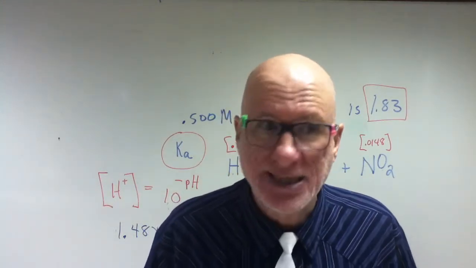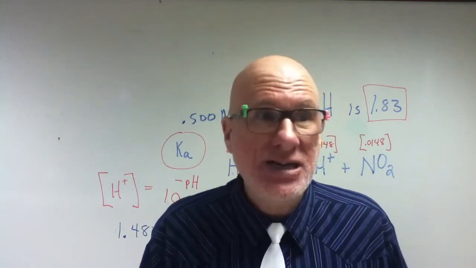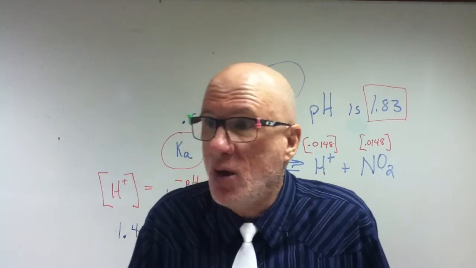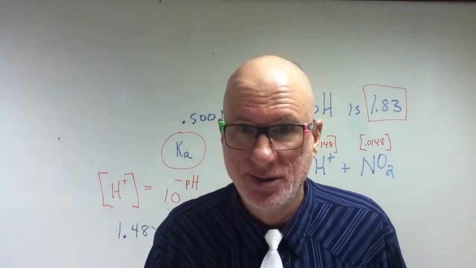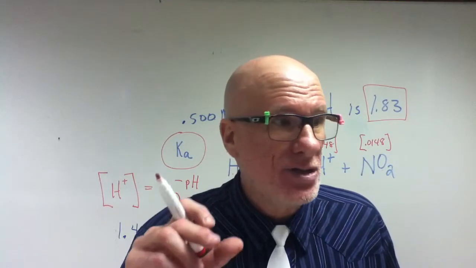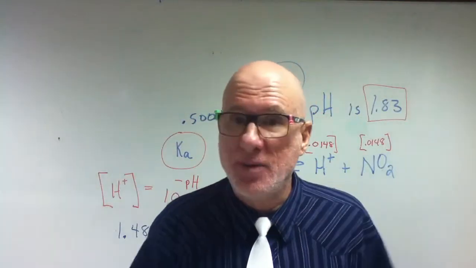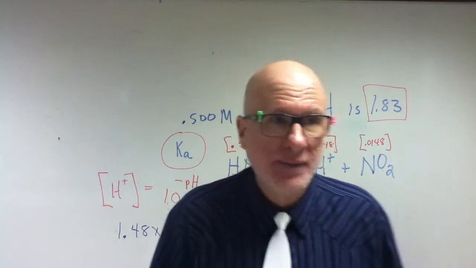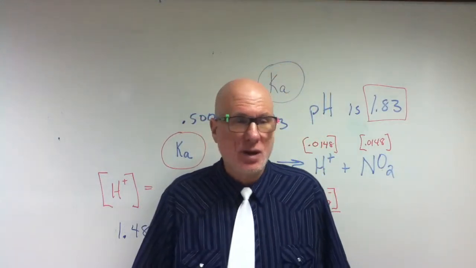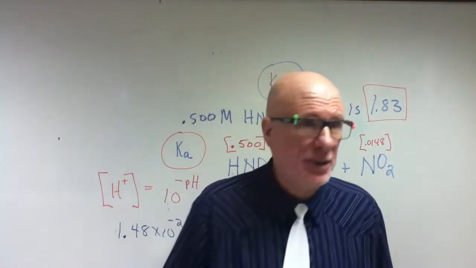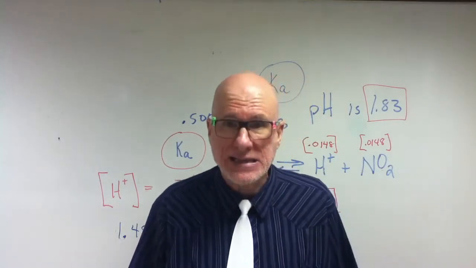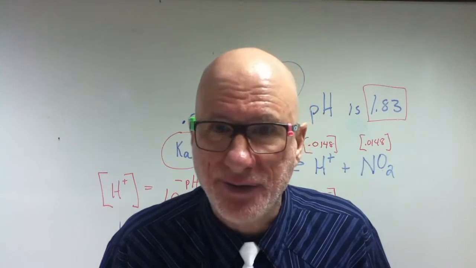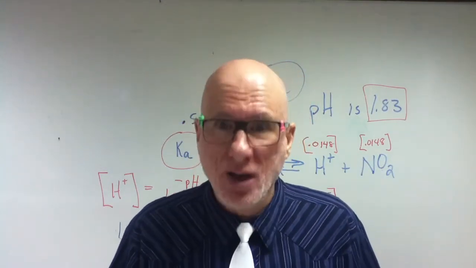But a weak acid is weak, so we need to know the precise amount that's going to be in solution, because we don't know exactly how much. If it's hydrochloric acid, we know that it's going to be completely dissociated. We don't care. You say to yourself, I put in 0.1 moles of hydrochloric acid. Somebody says to you, well, how much H plus do you have? And you say 0.1 moles.